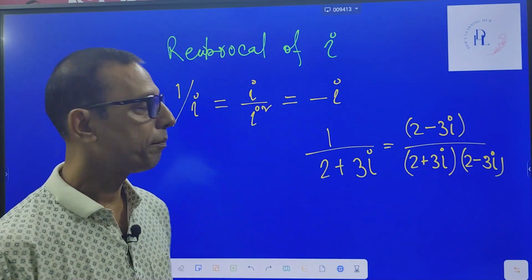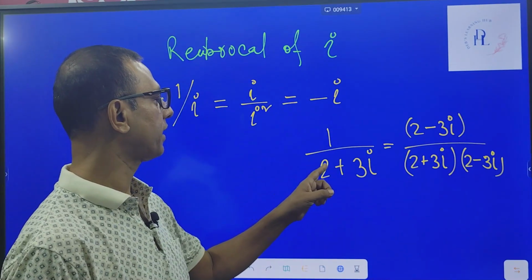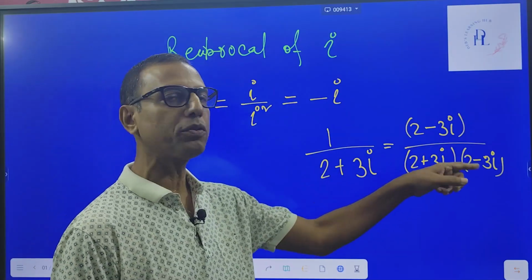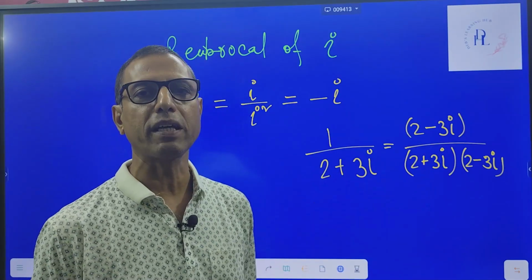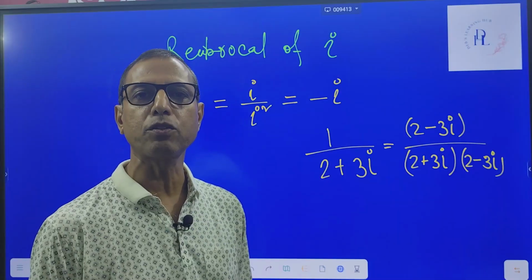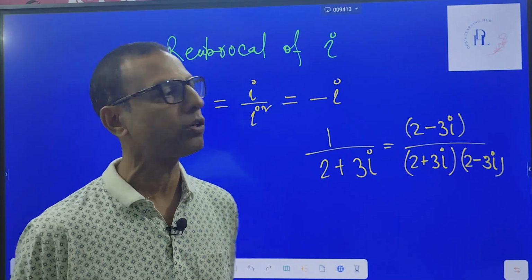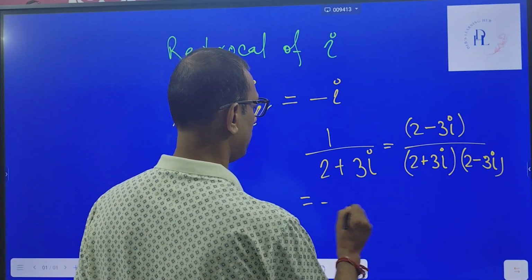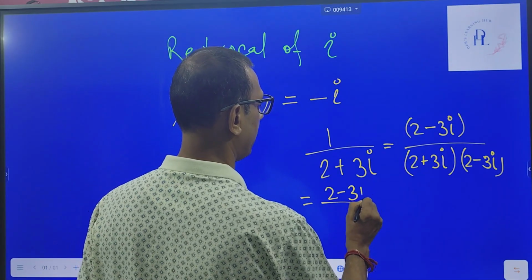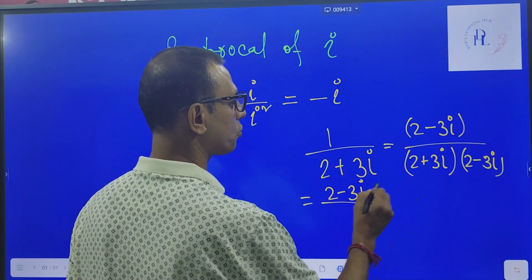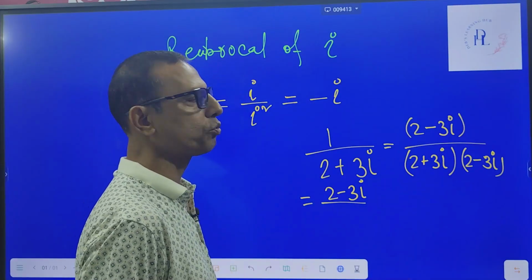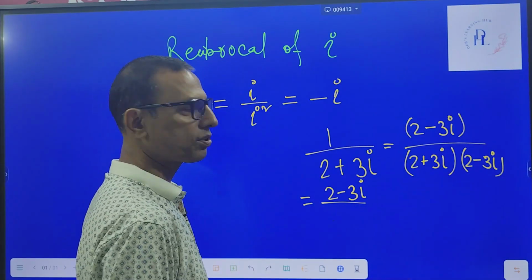Why? Because if a plus b is multiplied with a minus b, it will be a square minus b square, and then i square will come into the picture. If i square is coming into the picture, that means your imaginary part is gone. So the numerator is 2 minus 3i, and the denominator is 2 plus 3i into 2 minus 3i, that means 2 square minus 3i whole square.